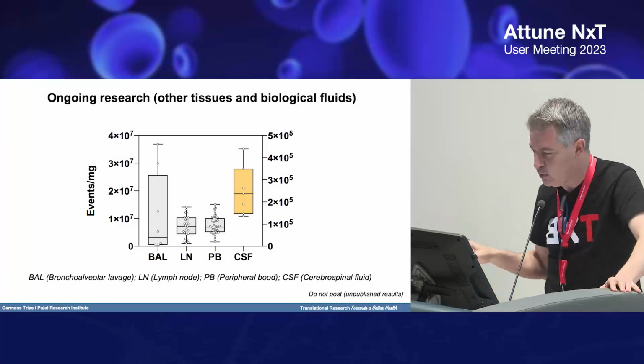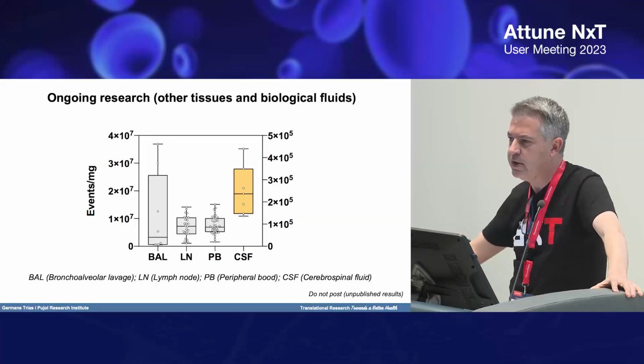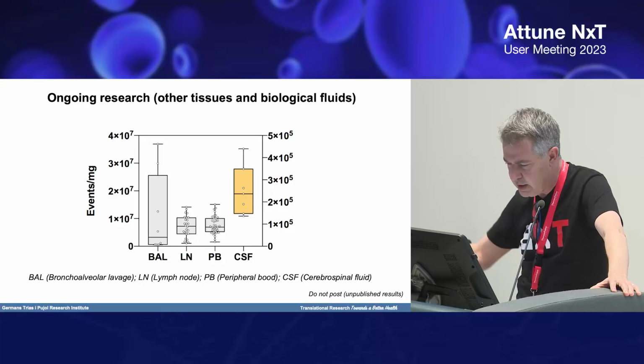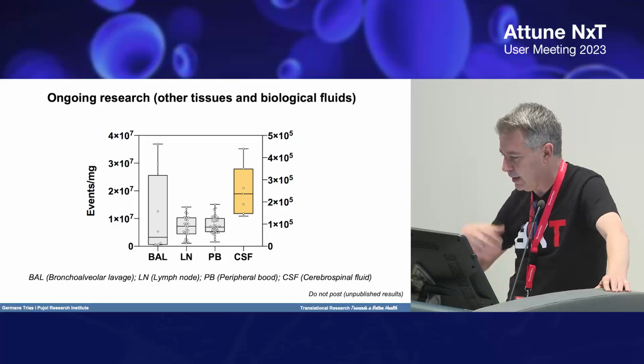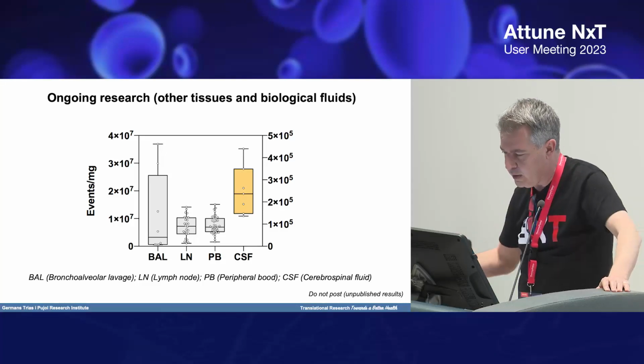We started to measure other tissues and biological fluids, and as you can see here, this result is referred to this axis, and this is the bronchoalveolar lavage, the lymph node plastic accumulation, and the peripheral blood is related to this axis. But as you can see here, bronchoalveolar lavage has an increased number of nanoplastics.